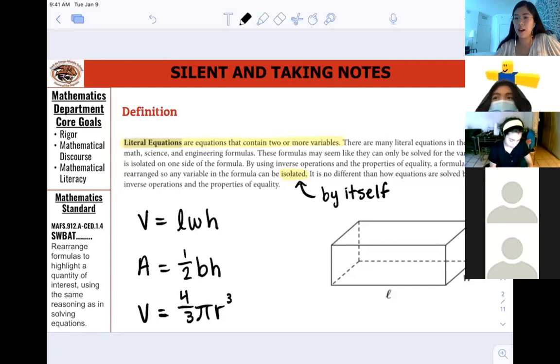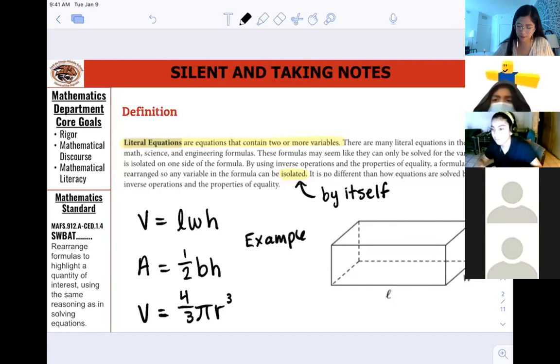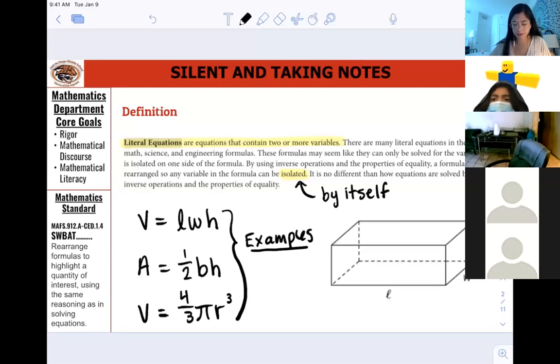And you're going to see a lot of different ones. So let's go ahead and go to the next problem. Or actually, before we go to the next problem, I want you guys to just write these 3 down. And these are examples of literal equations.